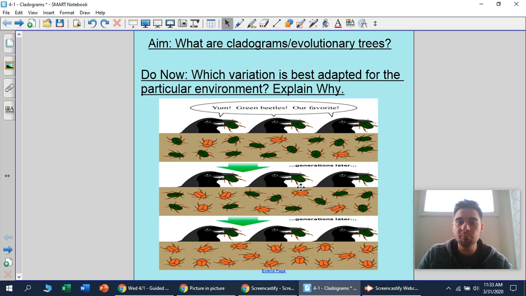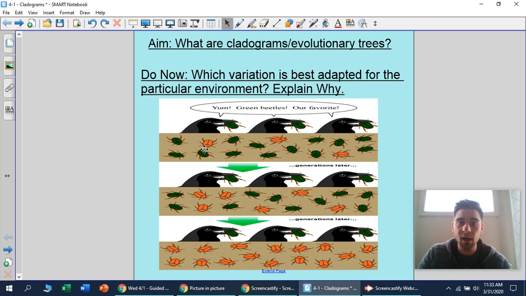So the ones that have a better chance of survival are the brown ones. So these brown beetles are over time surviving and therefore reproducing more often. So what you see at the end is mostly or really all brown beetles because the green ones have gotten eaten. Okay, so the brown beetles are better adapted for this environment because they're not getting eaten by the predator.